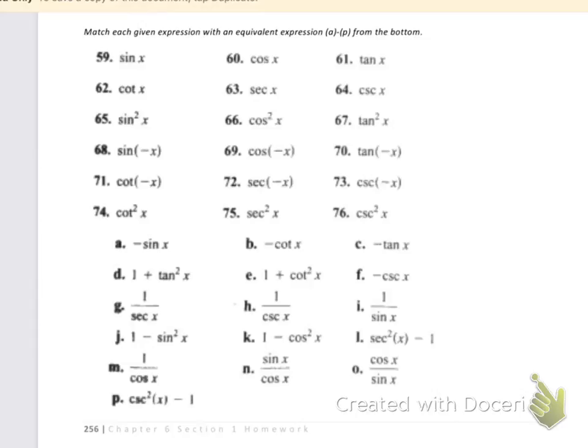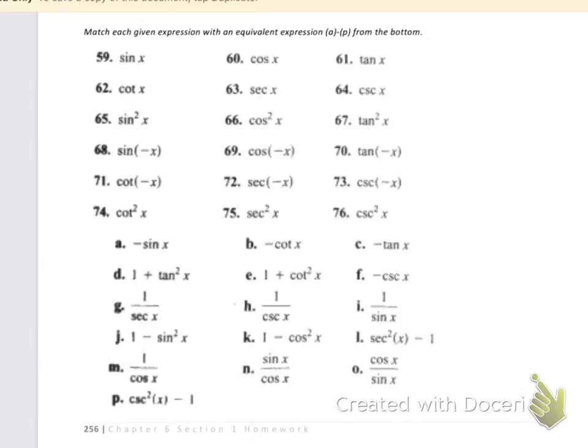It says match each given expression with the equivalent expression a through p from the bottom. So all you need to do is look at sine of x, go through all of these, and find the one that equals sine of x. It can't be that because there's no negatives. No, no, no. You'd get to h, and h is 1 over cosecant of x.